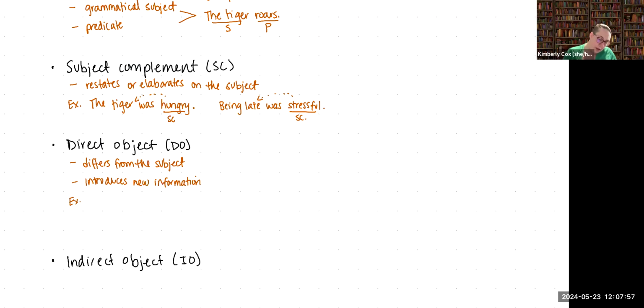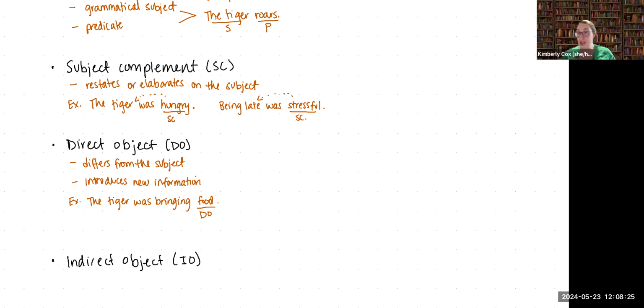So the tiger was bringing. So don't be fooled, even though we have the word was, bringing is actually our predicate. So it's a very different type of sentence. Food.